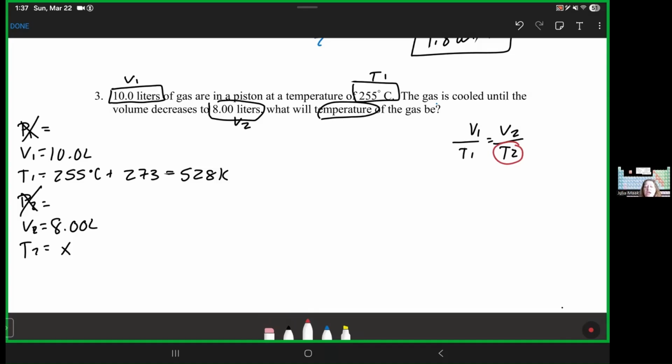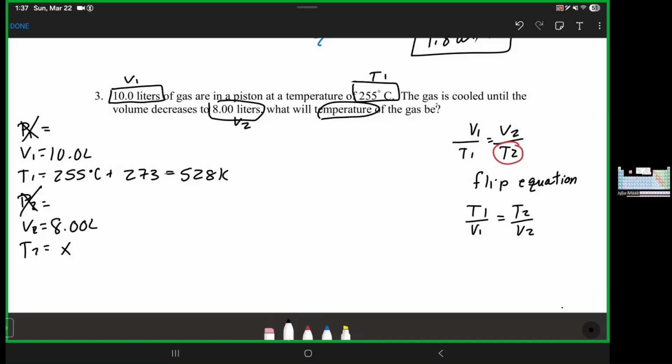Okay, so you can rearrange this equation by algebra and do a bunch of fancy stuff with it, or the easiest way to do it, let me show you, if what you're solving for is on the bottom, if you're solving for the temperature in these individual and combined gas laws, your easiest bet is to first flip the entire equation. Okay, so we flip it from top to bottom. We get T1 over V1 equals T2 over V2, okay? And if you question that, plug some numbers in, do it, you will see they're still equal to each other.